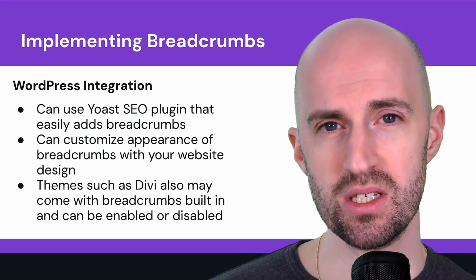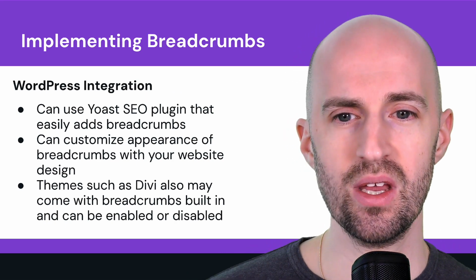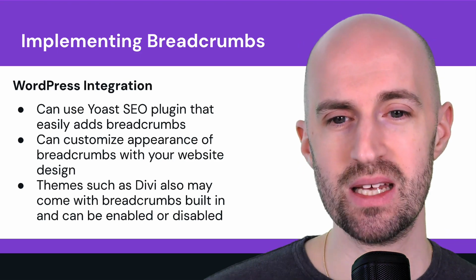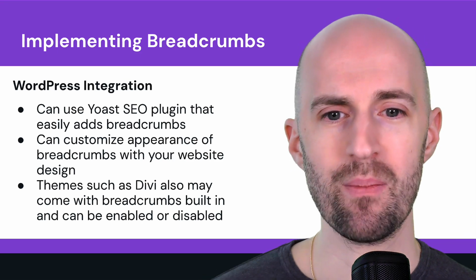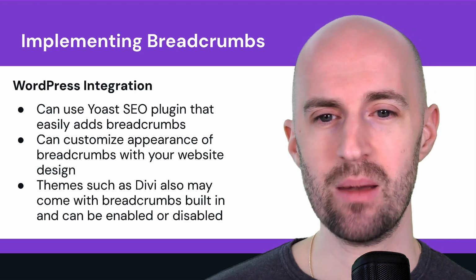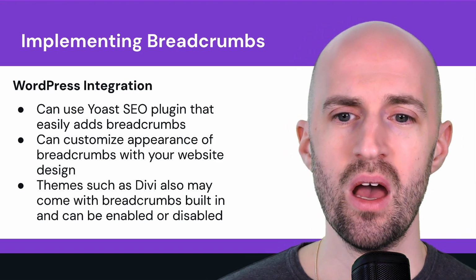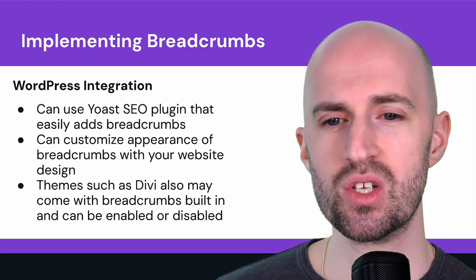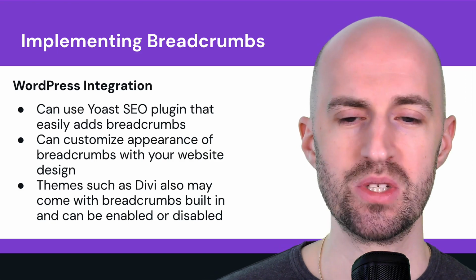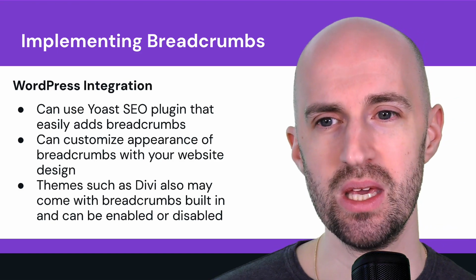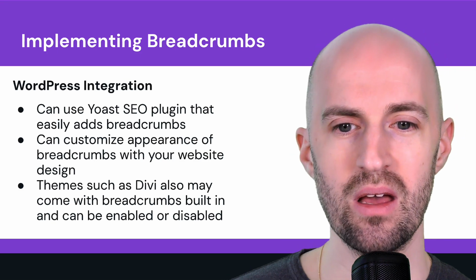The first one is if you use a WordPress site, you can integrate that using the Yoast SEO plugin or Rank Math, and that can easily add breadcrumbs automatically. You can then customize the appearance of breadcrumbs within your website design. Let's say you have a theme, you can change how it looks.